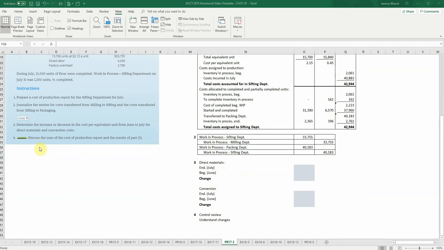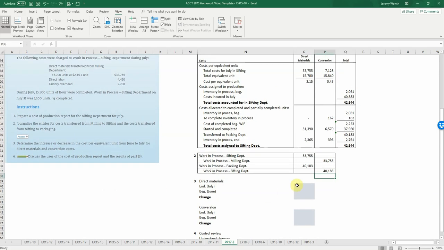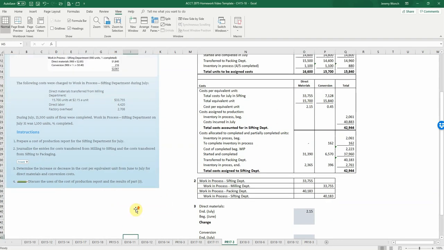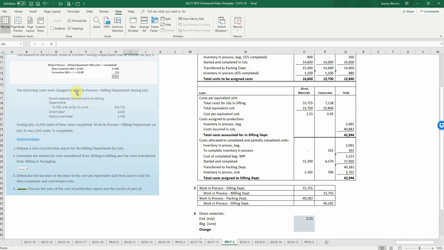And so number 3 says determine the increase or decrease in the cost per equivalent unit from June to July. So here we already have our numbers. So for July, direct materials is 2.15. And the beginning was actually given to us up here at $2.05.